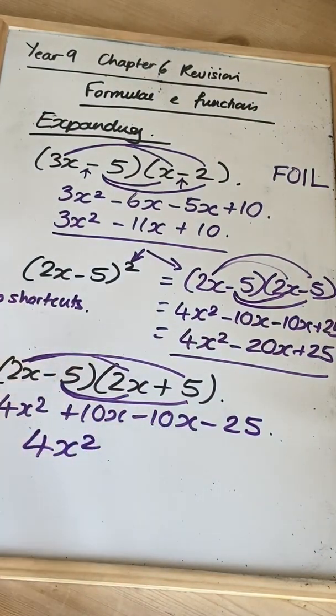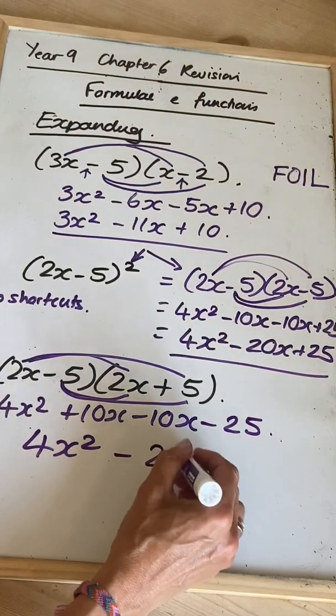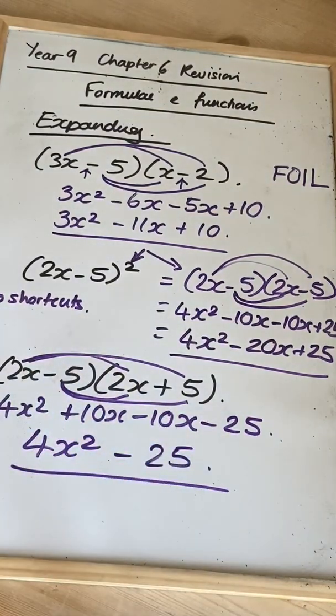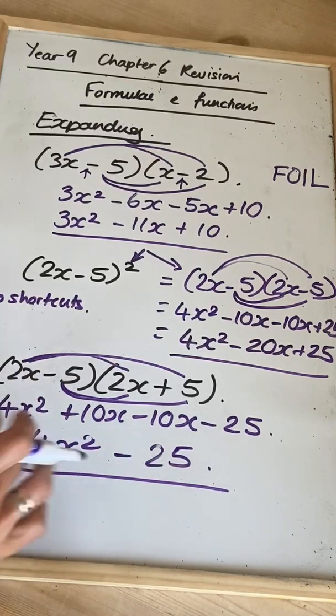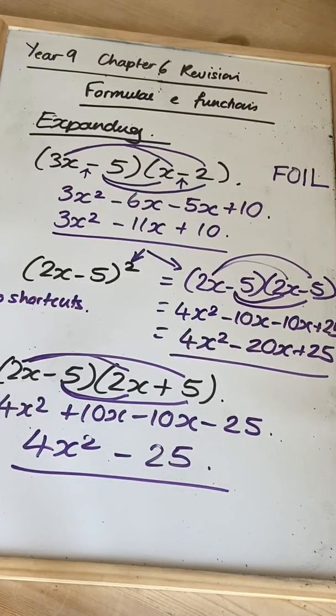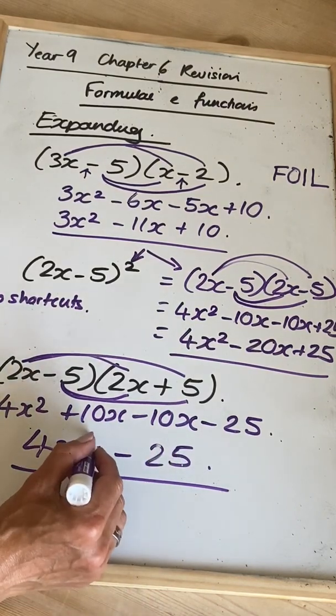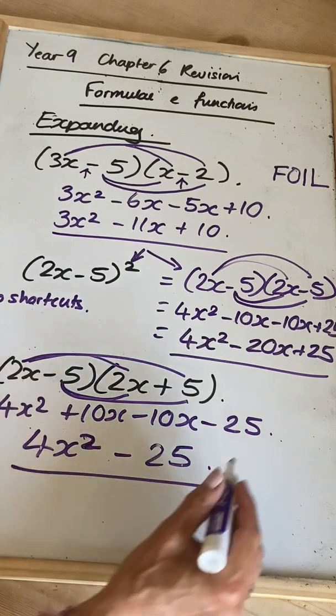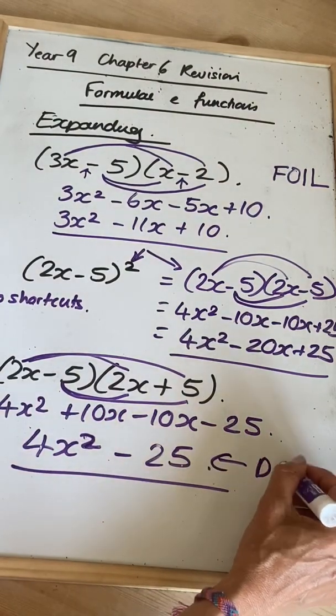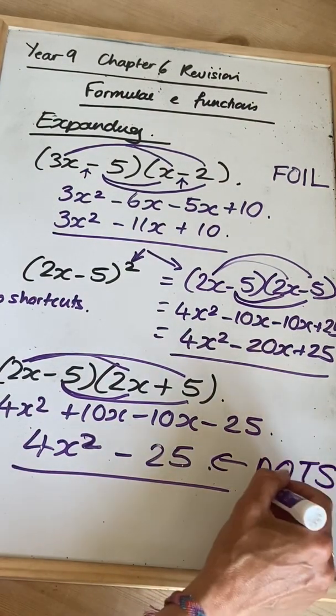This 10x and minus 10x cancel each other out. I've just got a minus 25 on the end. Those x terms have disappeared. If you get a quadratic that doesn't have any x terms in it, and all of the other terms are square, as in square numbers, 4 is a square number, 25 is a square number, the x itself is squared, then this is called a difference of two squares.